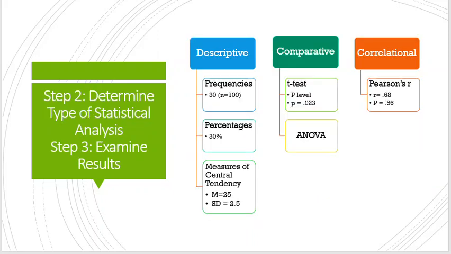So then let's look at the type of statistical analysis that we can do. For the descriptive, we can talk about frequencies and we can talk about percentages. We can also do the mean if you have interval level data, and you can talk about the standard deviations. For comparative, you're going to do a t-test, and you're going to look for a p-level.